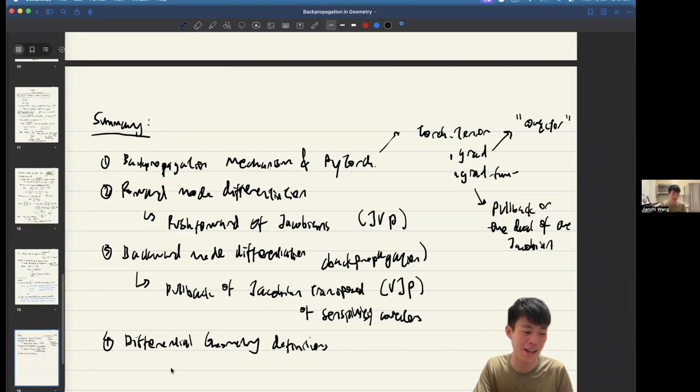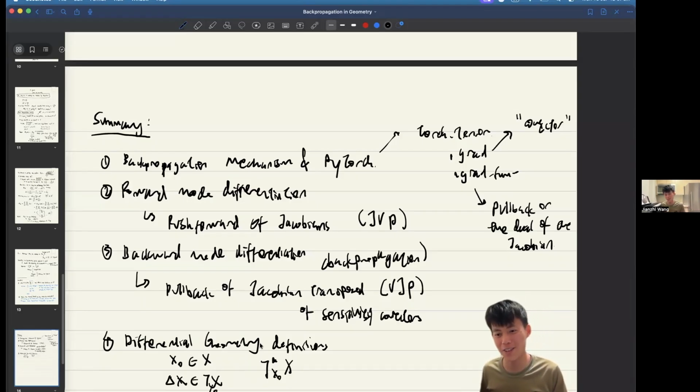And even I took this long to realize that the x naught is living in a different space than delta x. Delta x lives in the tangent space at x naught. And there exists a cotangent space that measures the infinitesimal movements. And Taylor's theorem is really about the push forward of Jacobians, transforming infinitesimal changes in one tangent space to an infinitesimal change that lives in another tangent space.